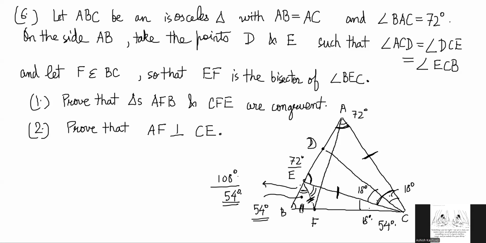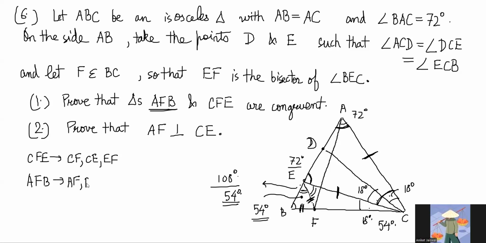Okay, great. Now look at the triangles we need: triangle AFB and CFE. In CFE, what are the sides? CF, CE, and EF. And in AFB? AF, BF, and AB.